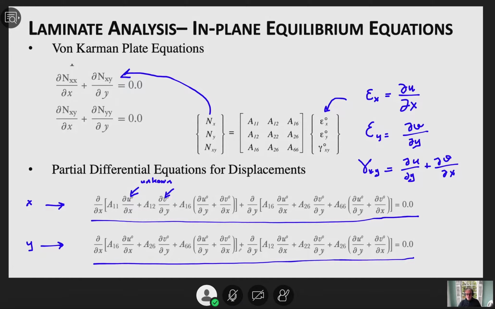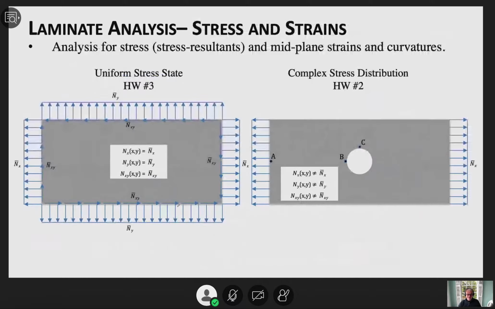Now, can you solve these for the uniform case? And the answer is yes, but we'll have to make some assumptions for boundary conditions. And the simplest assumption is the variation.